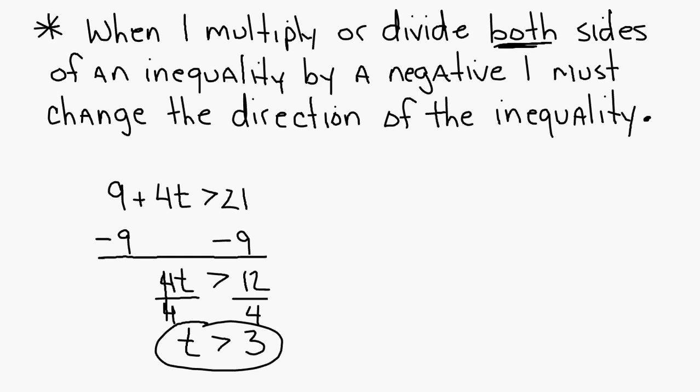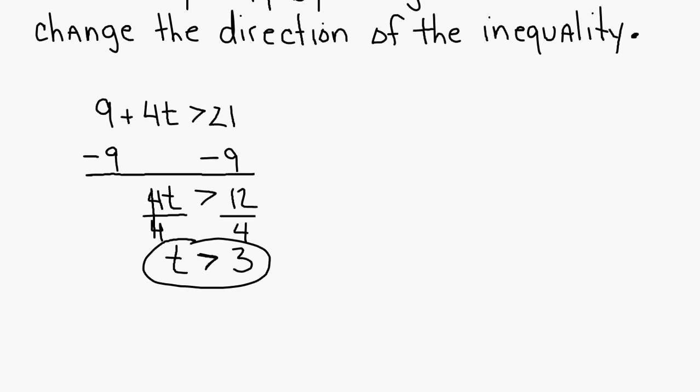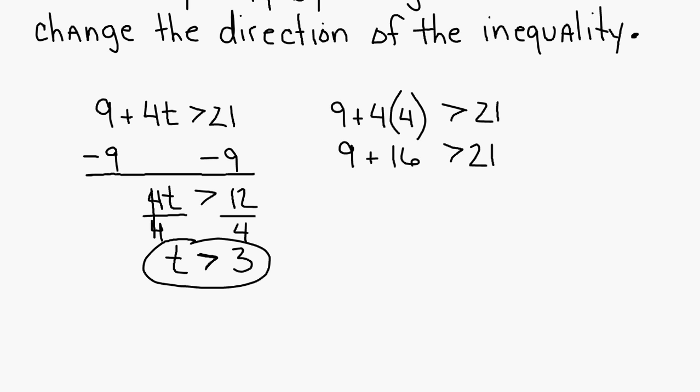The second part of the directions are to check the solutions. Check the solutions means, in this case, pick a number greater than 3 and substitute it for the t. So a number greater than 3 is 4. So if you take 9 plus 4 multiplied by 4, you're asking yourself, is that greater than 21? It's a way to check your work to see if you got the correct solution. So is 9 plus 16 greater than 21? 9 plus 16 is 25.